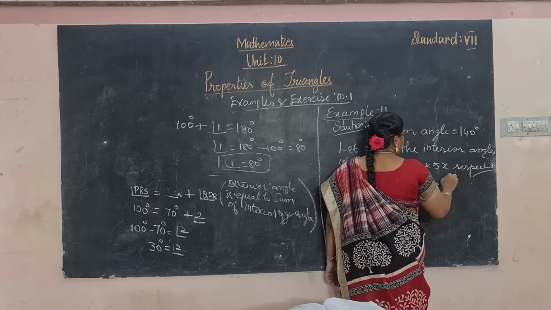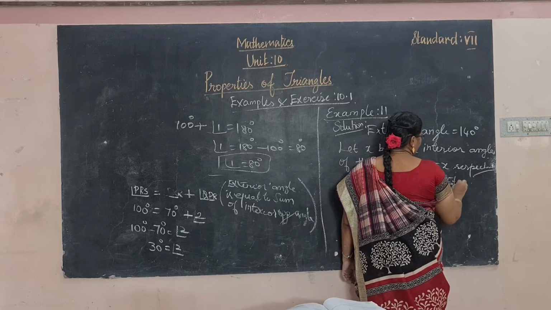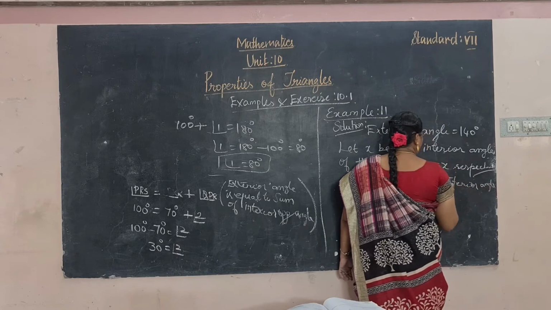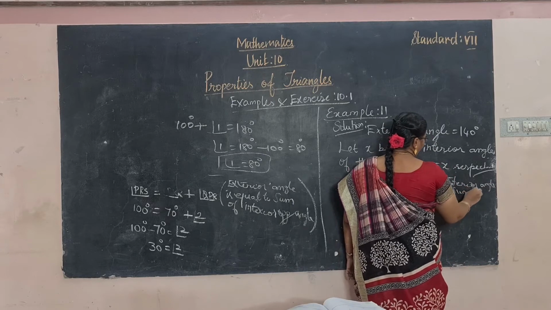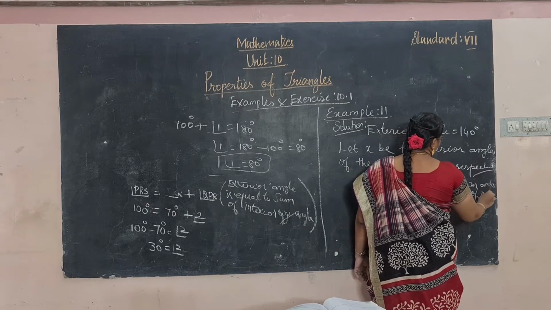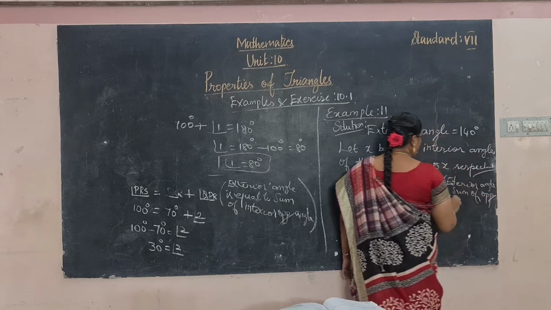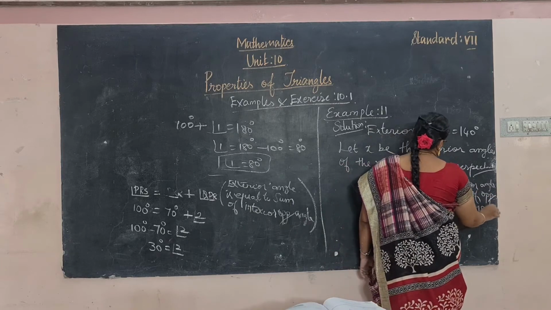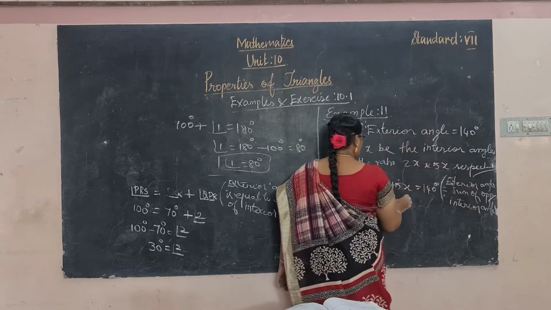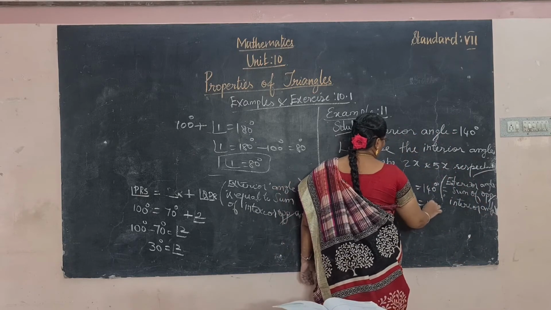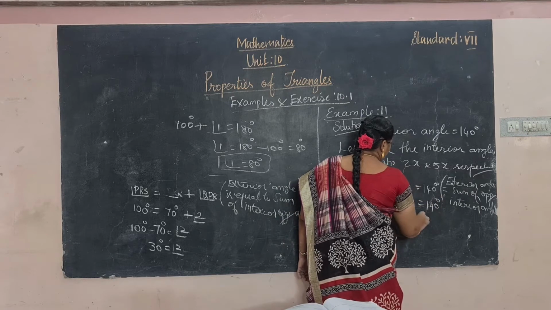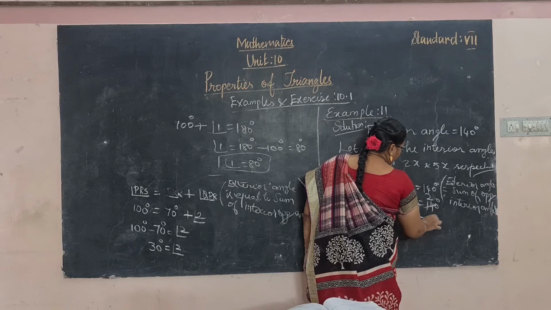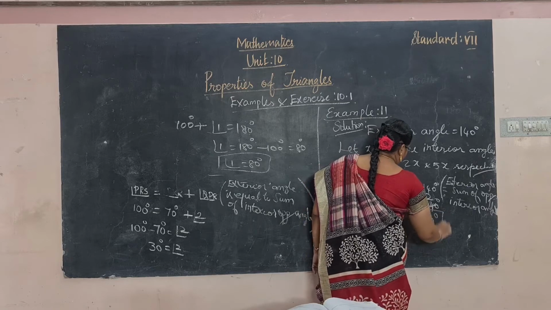Here write exterior angle is equal to sum of interior opposite angles. So 7x equal to 140 degree. So x equal to, 7 and 140 cancel, so 20 degree. So x equal to 20 degree.